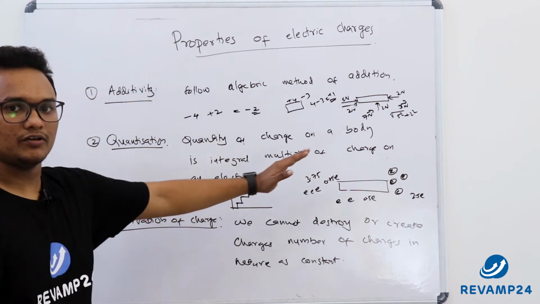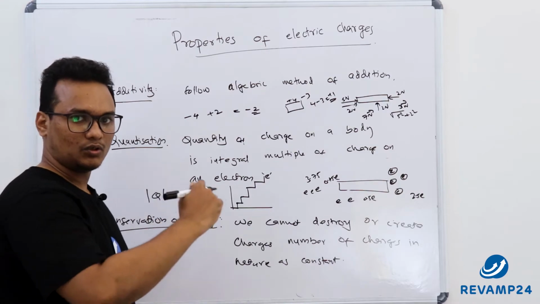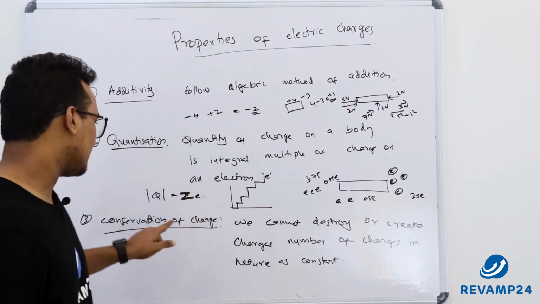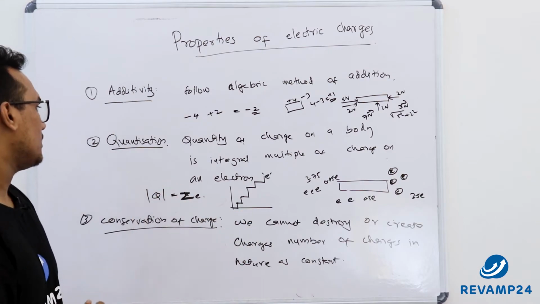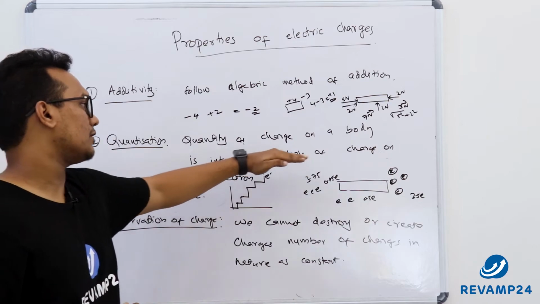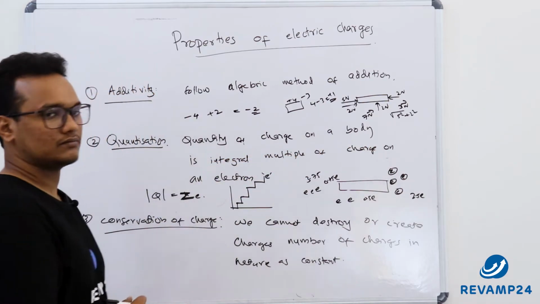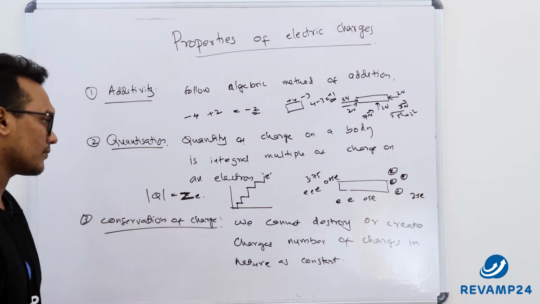So this is not a continuous process. This will happen step by step: 1E, 2E, 3E, 4E, in integral multiples of E. The definition is: the quantity of charge on a body is an integral multiple of the charge of an electron. It is clear now.